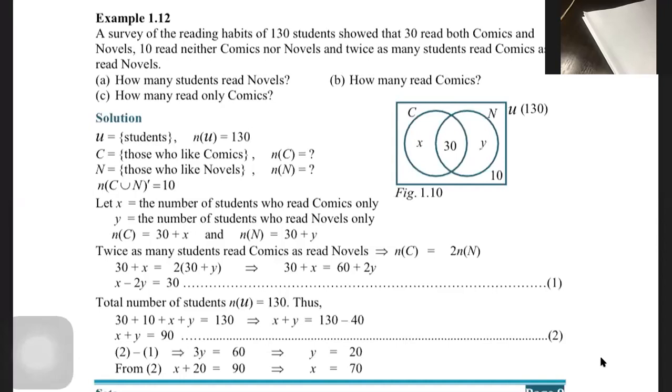So here, students that read comics is equal to X plus 30, and students that read novels is equal to 30 plus Y. So if you know the number of students that read comics and the number that read novels, then you're going to have X plus 30 is equal to 2 into bracket 30 plus Y. Do you get how the equations are coming about? Yes, sir.